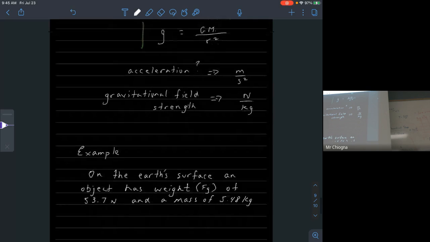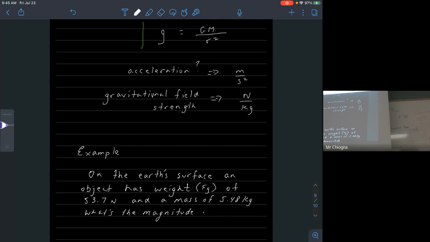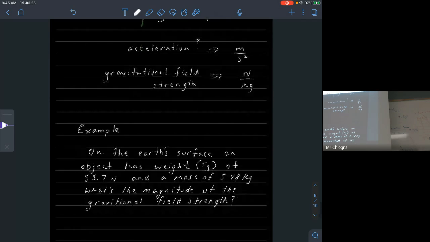What's the magnitude of the gravitational field strength, on the surface, obviously? So what is g? That's the question. Just the magnitude.